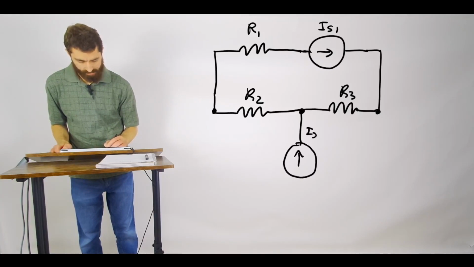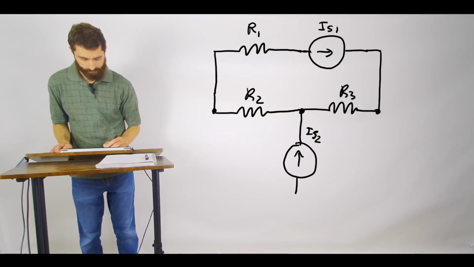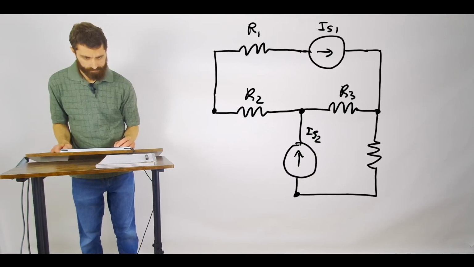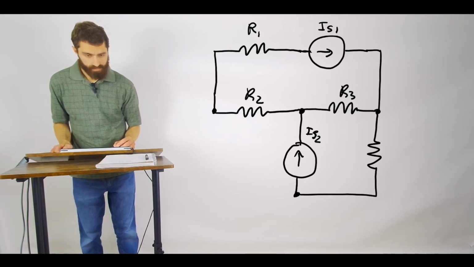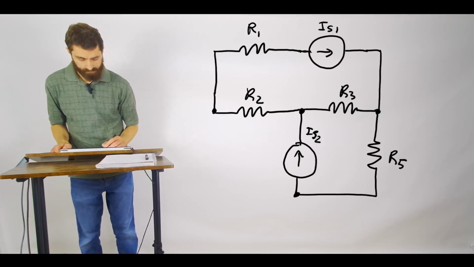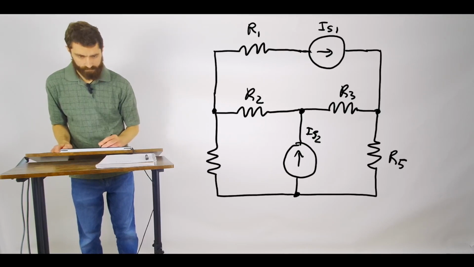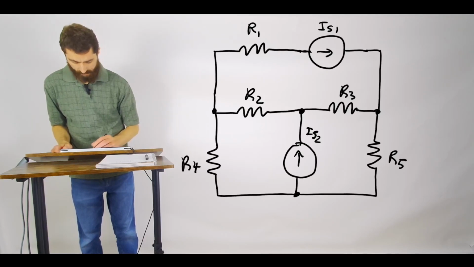Call this IS2. And then we have R5 and R4.